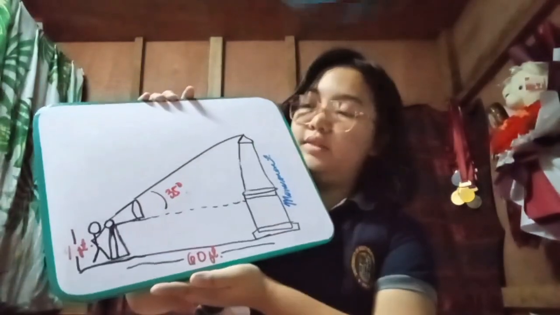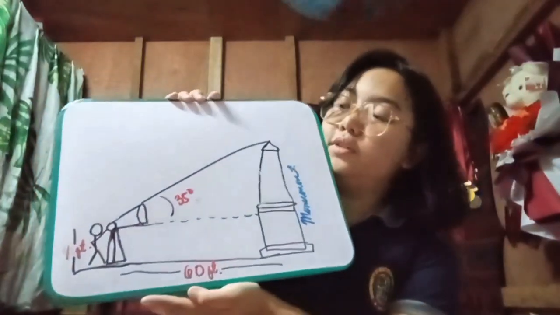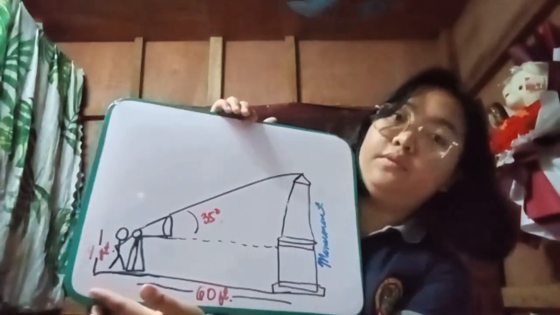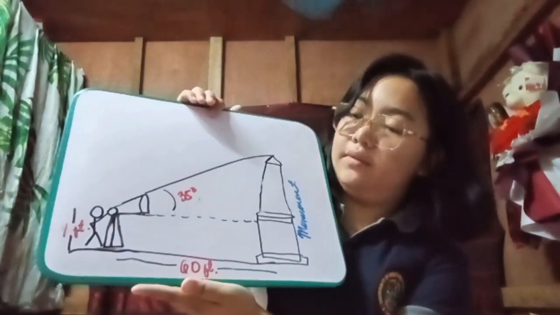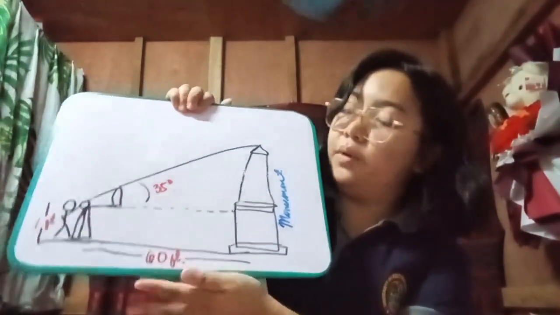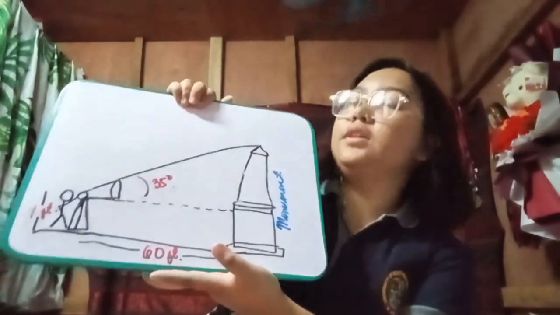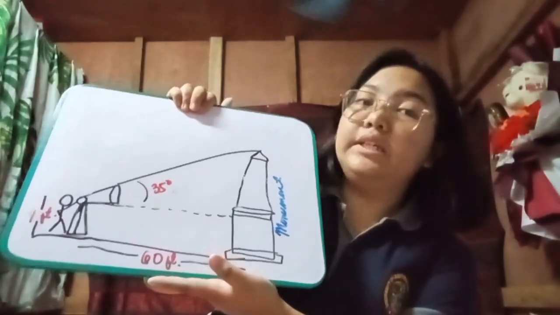The telescope used by the person is 4 feet above the ground, and the person is 60 feet from the monument, and the angle of elevation is 35 degrees.